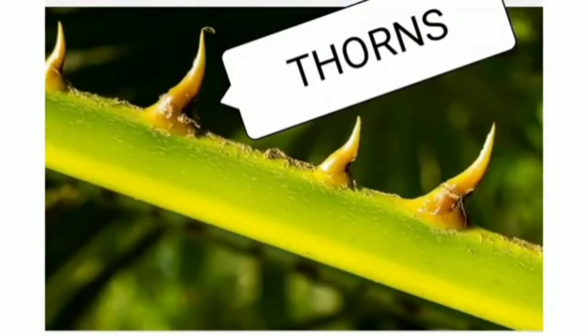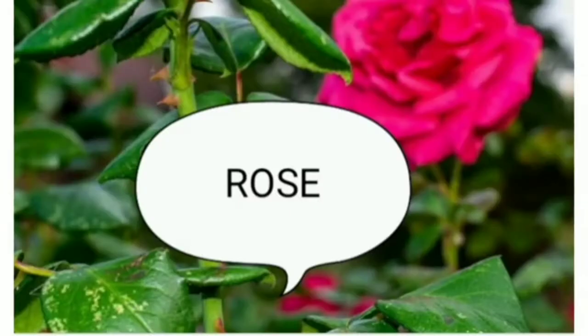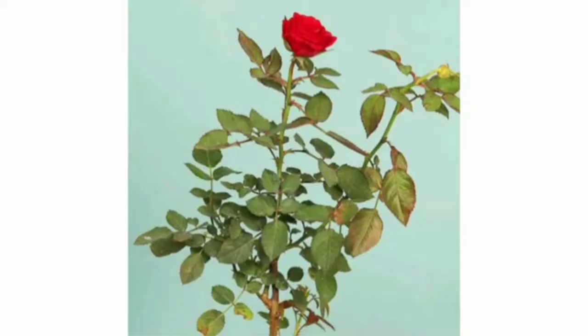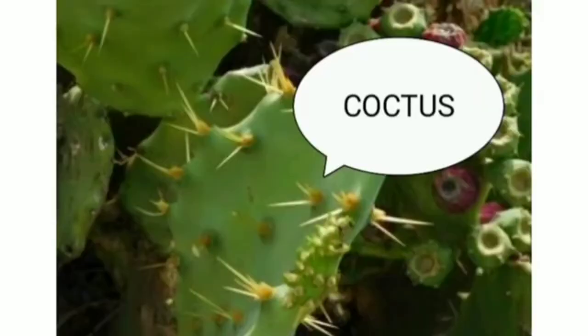Yes, the rose plant. Have you seen the stem of a rose plant? It has many thorns, no? So examples of thorny plants are the rose plant and cactus. Cactus is called chapati kalli in Tamil. C-A-C-T-U-S, cactus.